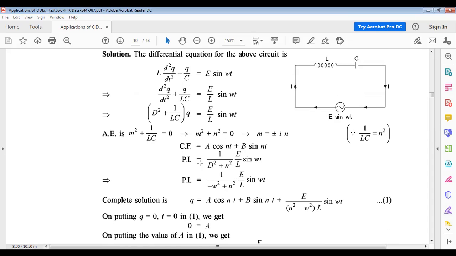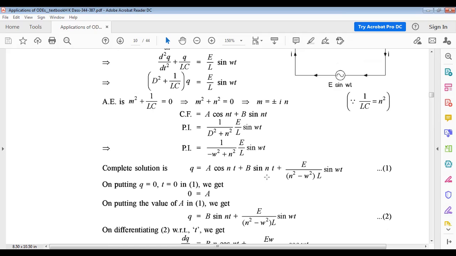Okay, particular integral will be 1 divided by left hand side into right hand side. Okay, so particular integral will be for sine function. The d square can be substituted by what? Minus a square. That means minus omega square. Okay, d square equals to what will be? Minus omega square for sine or cos function.